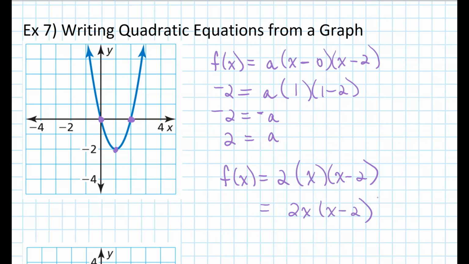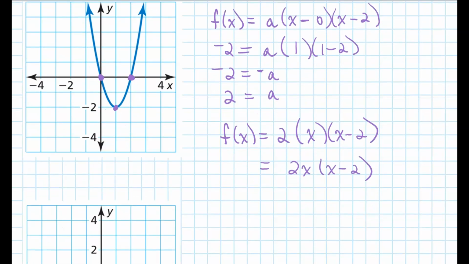Yes, you could distribute. If you distributed, you would get 2x squared minus 2x, which would become standard form with a c value of 0.